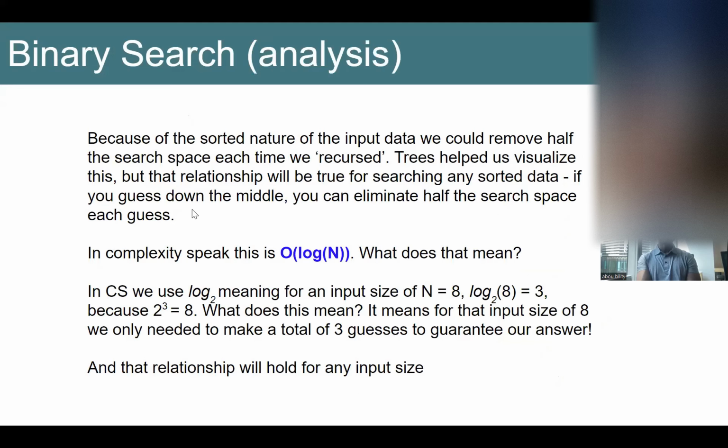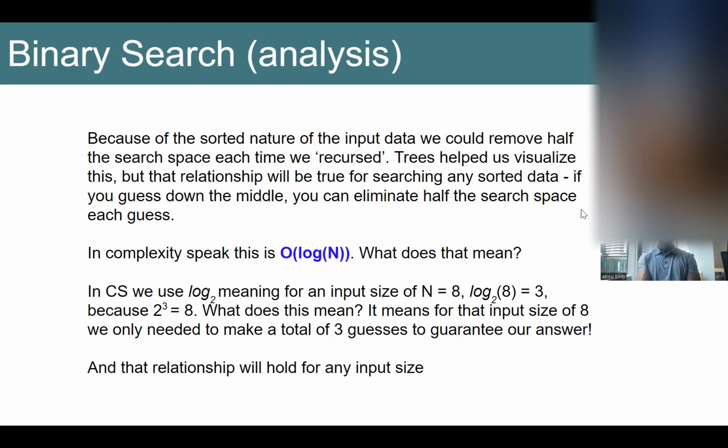But you guys are going to talk about this a lot more tomorrow, and I don't want to spoil that lecture. But basically, this complexity of O log n for binary search is something that's going to hold true for any number of inputs that we have. So if we have, let's say, 16 inputs or a 16 node tree, the maximum number of guesses we're going to need is 4.